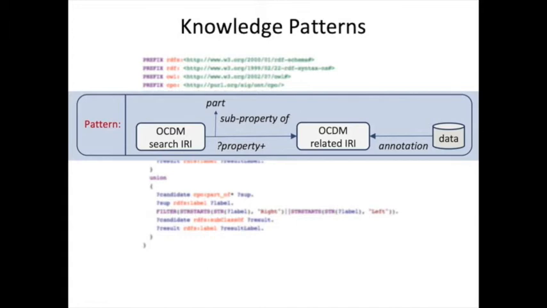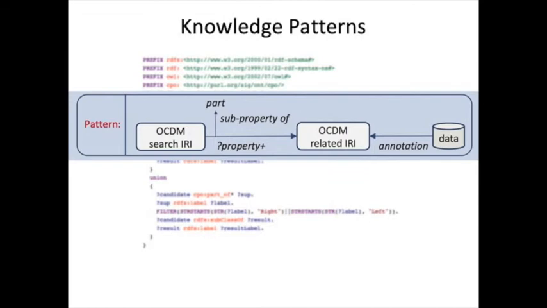Here we start with a specific part, the skull, and we follow these links of different part properties to find related terminology, and then we find if any data are annotated with those terms, and then present them all.